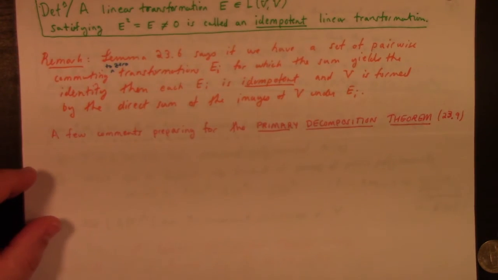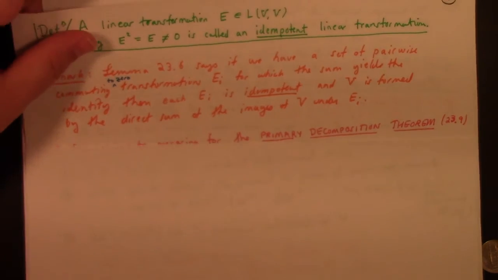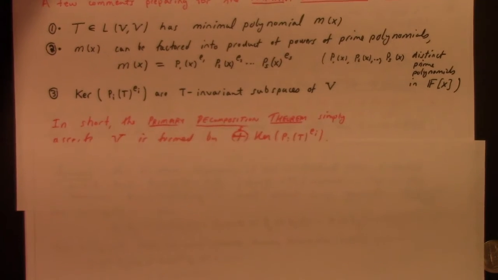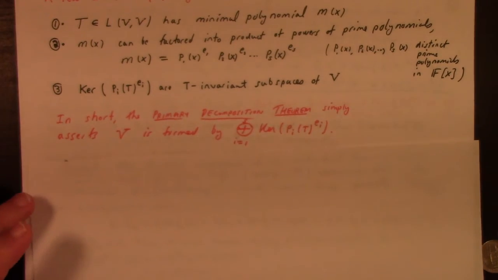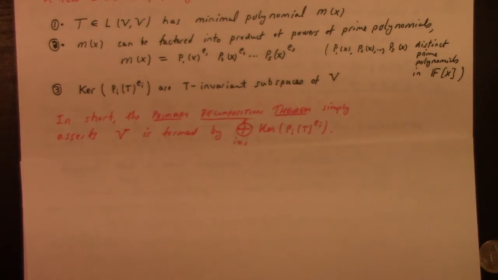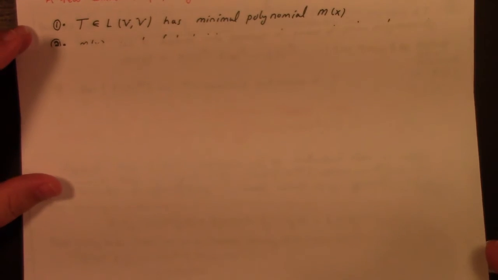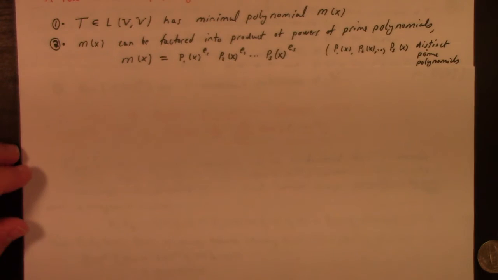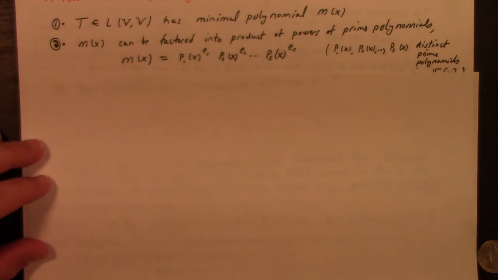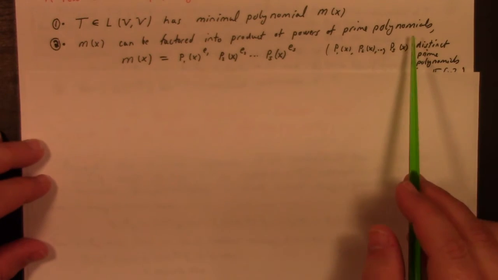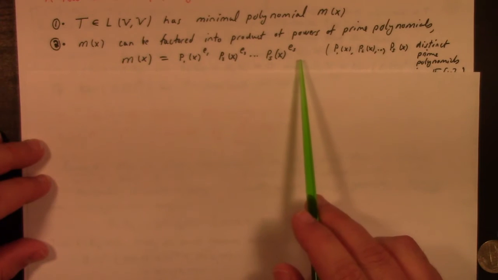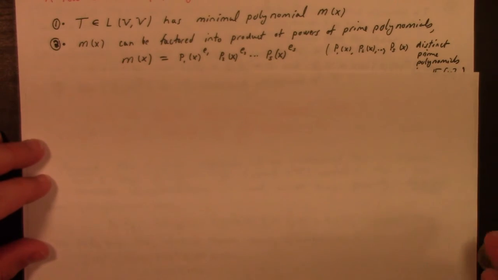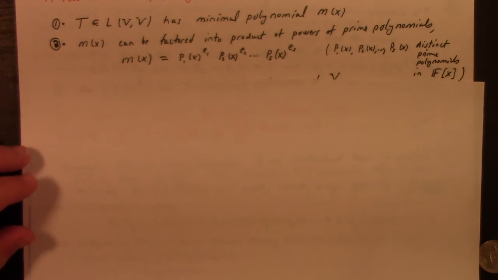So this brings us to the primary decomposition theorem, actually. Let me just give you the lead into that real quick here. First of all, we know that any endomorphism has a minimal polynomial, right? We also know that we can take that polynomial and factor it into products of powers of prime polynomials, like that, by the theory of divisibility of polynomials over a field.